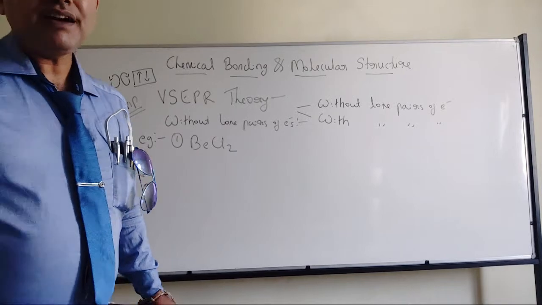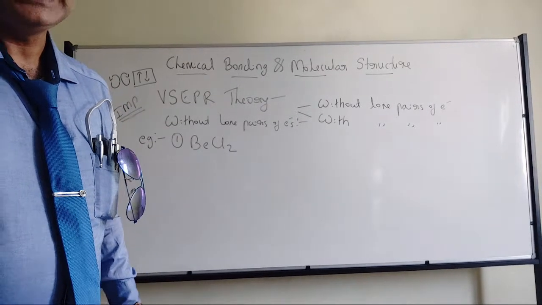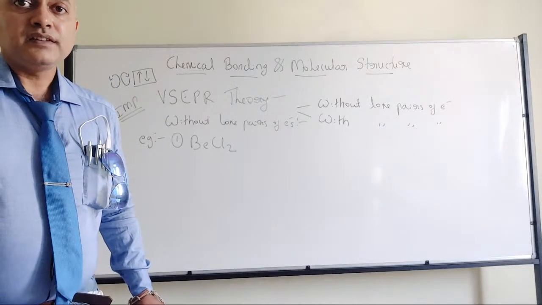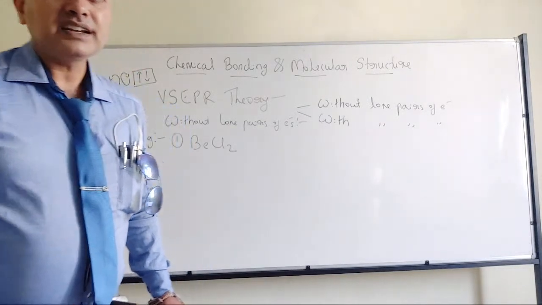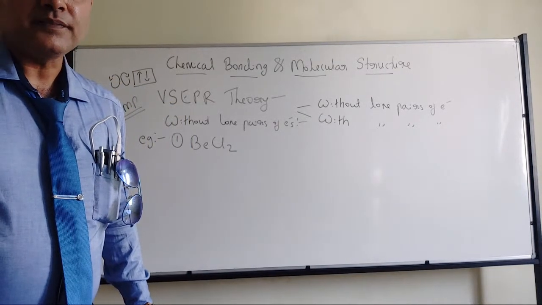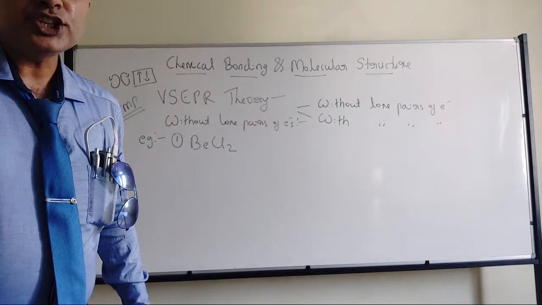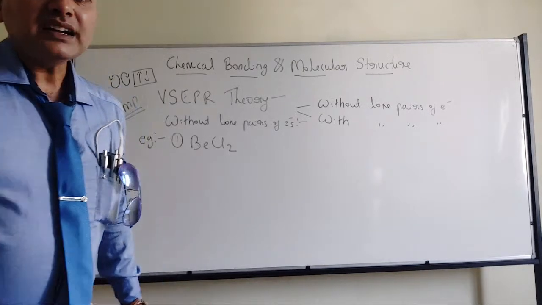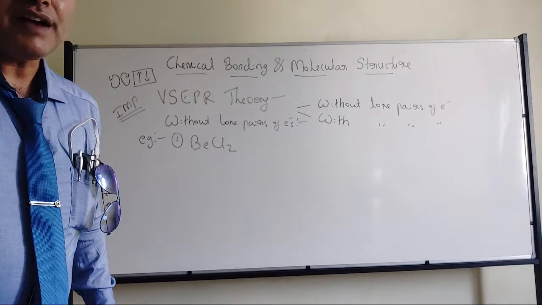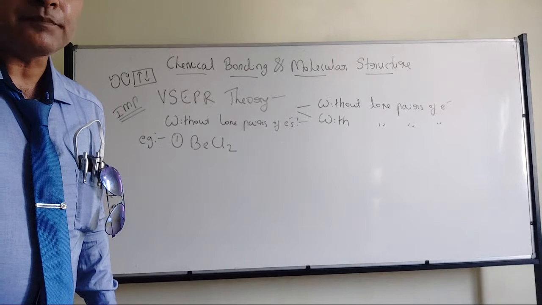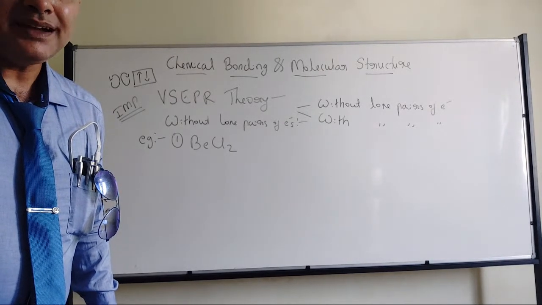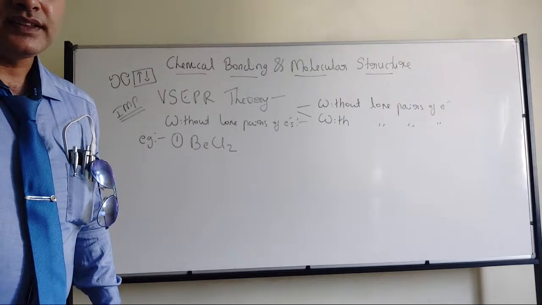What is the total number of valence electrons in beryllium? You can just mention the number. Yes, Rohan, it's the first alkaline earth metal.